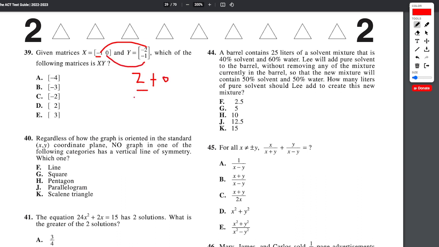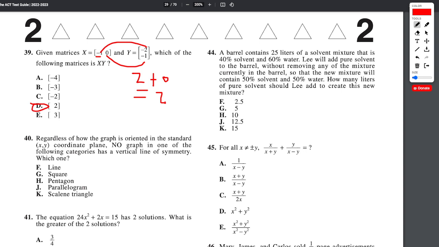So that equals 2. Or you can do this on a calculator. You can make a matrix A, which is a 1 by 2, and then another matrix, which is a 2 by 1, and then just multiply both matrices together. And that'll give you 2.